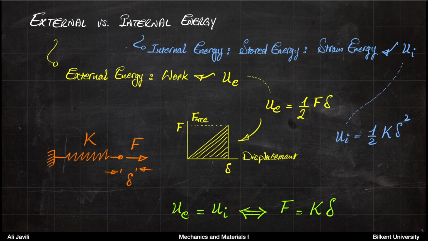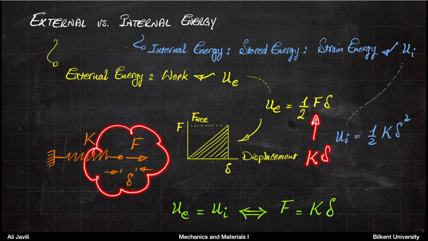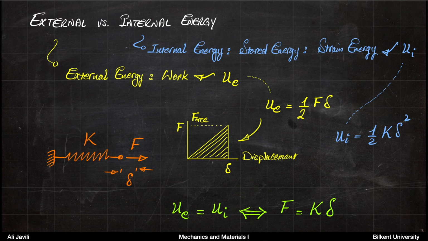So you can imagine that if you assume F equals K delta, which you could otherwise see by the equilibrium of forces here, then U_E and U_I would be identical. So if you insert F equals K delta, U_E would also be 1/2 of K delta squared.